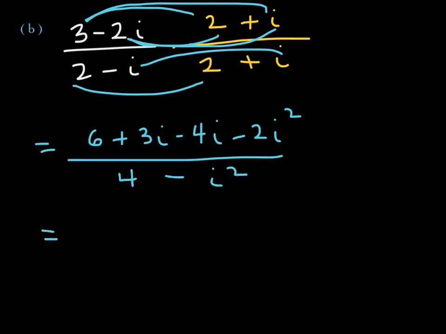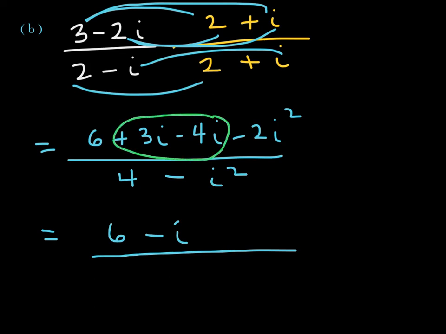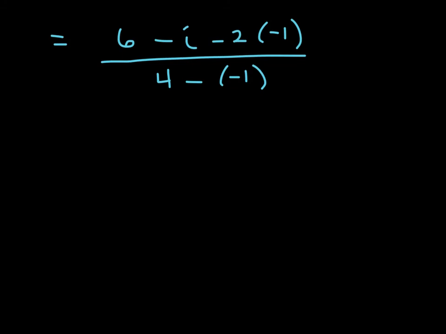All right, so then in the numerator, you end up with 6 minus 1i. I got minus 1i by combining these two like terms. And then minus 2 times negative 1. The denominator, 4 minus negative 1, because i squared is negative 1.